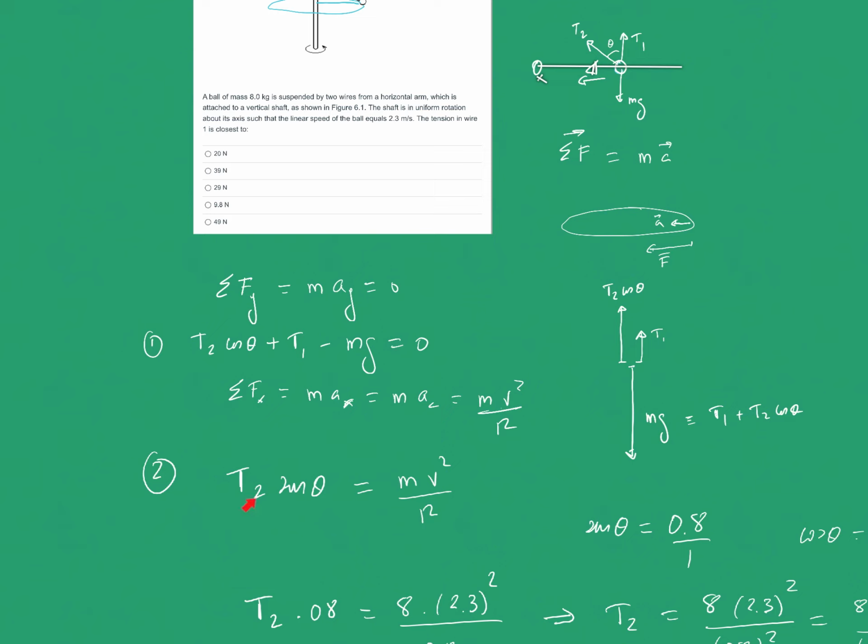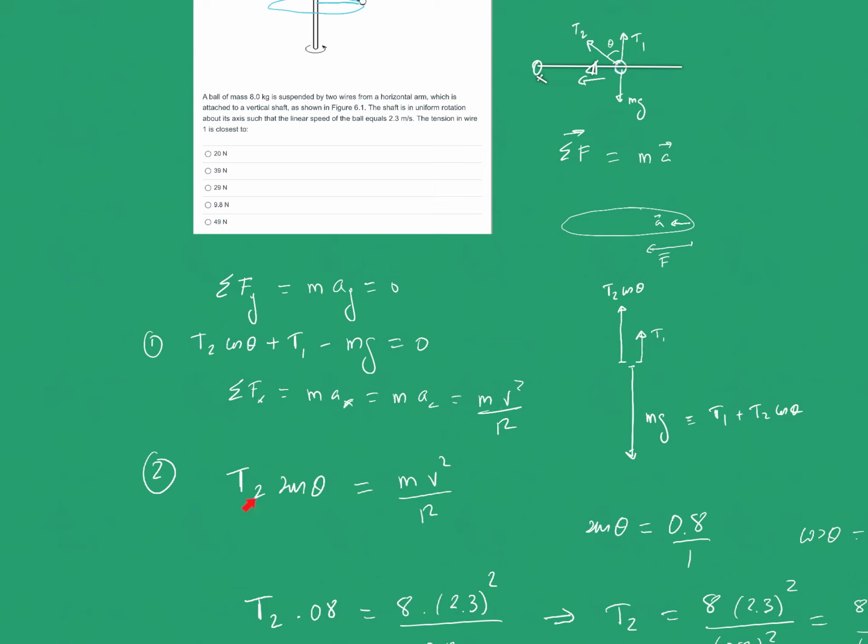Indeed, it could be the minus x direction, but it doesn't matter. T2 sine of theta is the only force in the x direction, equal to mass times acceleration. So the problem is already solved. We now just plug in numbers.